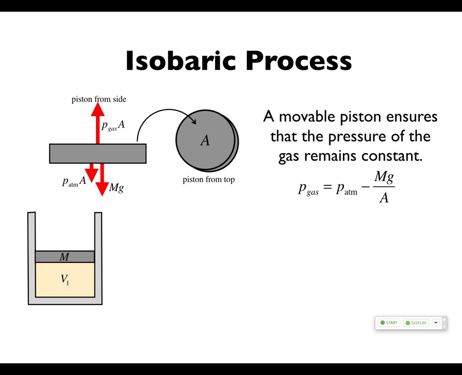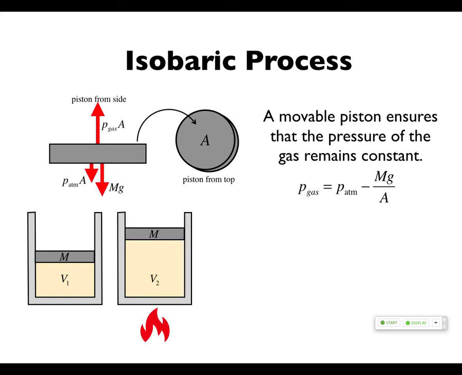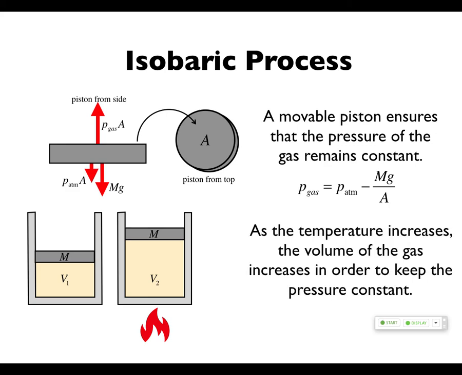And what this means is as the temperature of the gas increases, the piston's going to move so that this becomes equal again. So a movable piston ensures constant what? Pressure, okay? So as the temperature increases, the volume of the gas increases in order to keep the pressure constant.